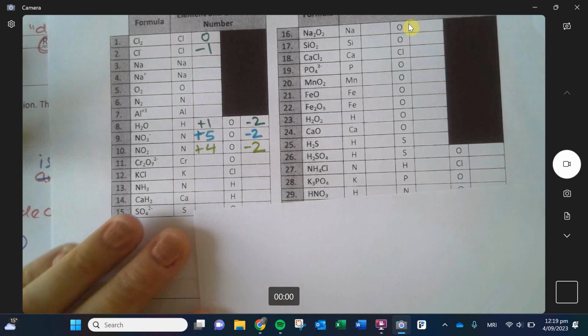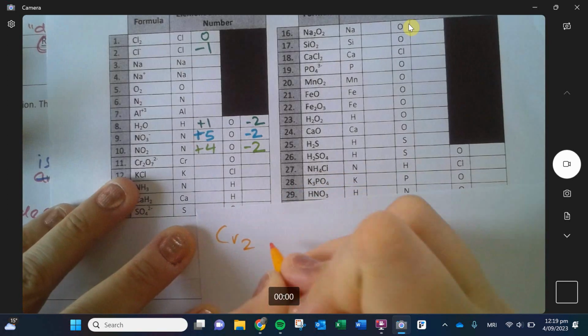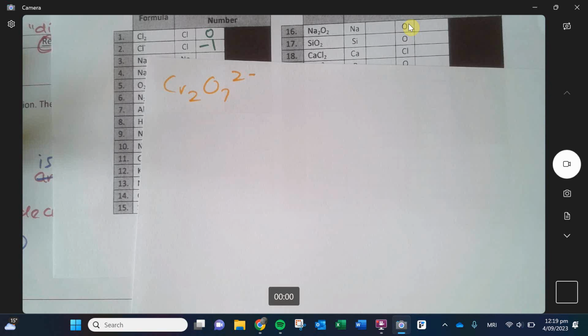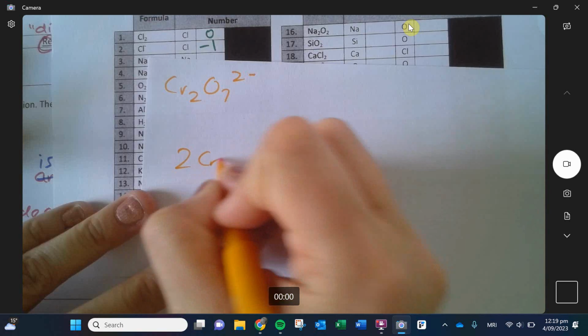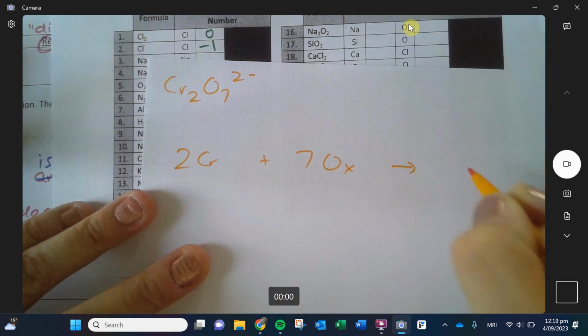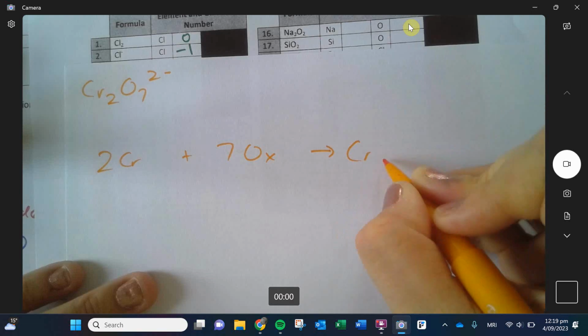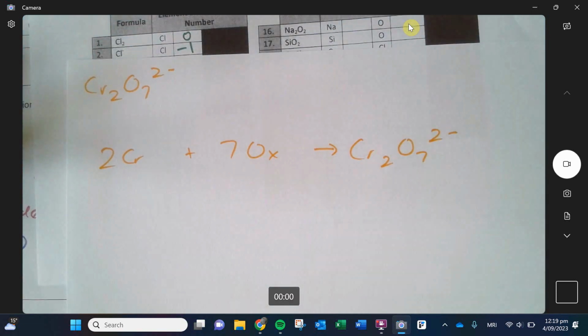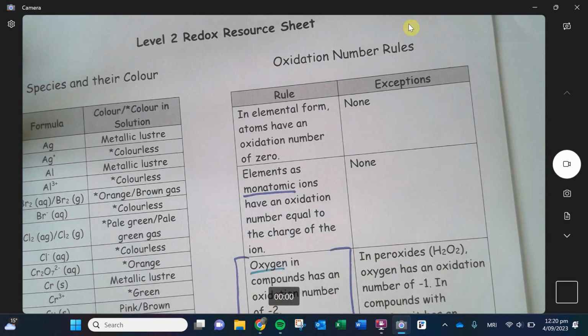So I have Cr2O7 2 minus as that polyatomic ion. So I have 2 chromiums plus 7 oxygens, and together that becomes our dichromate. Agreed? Again, when I look at my rules, there's nothing on here for chromium specifically.